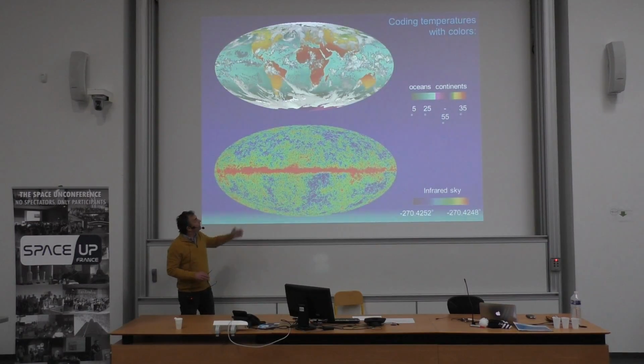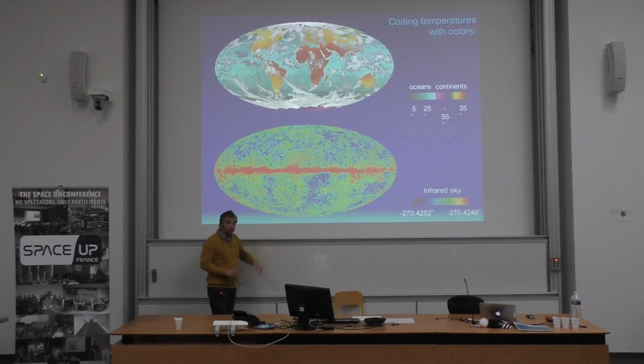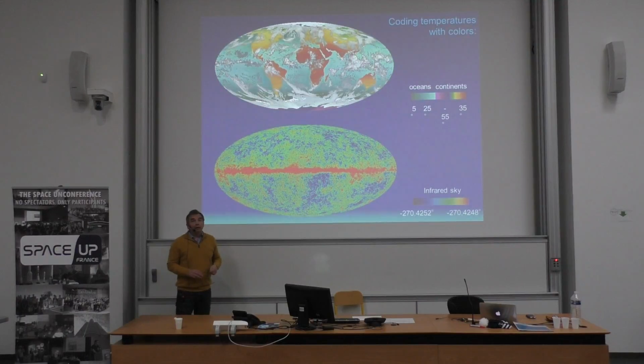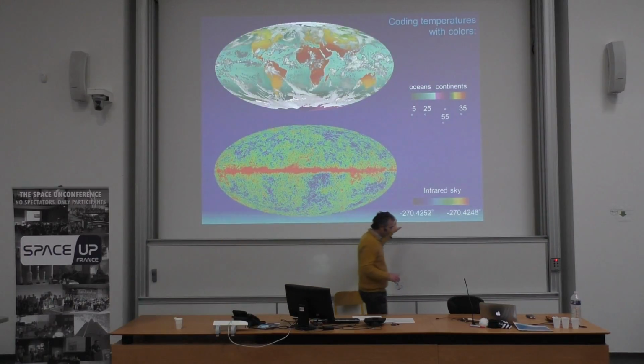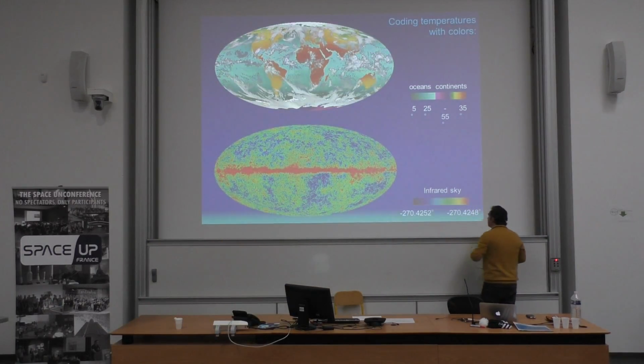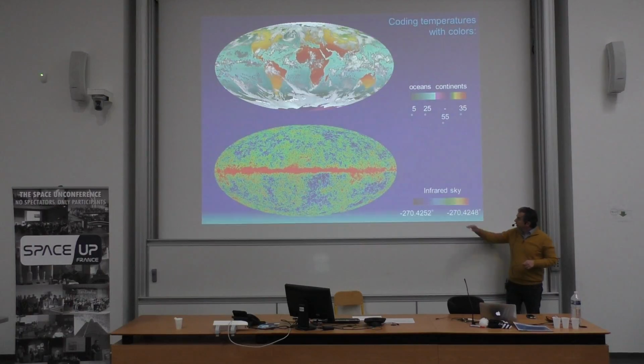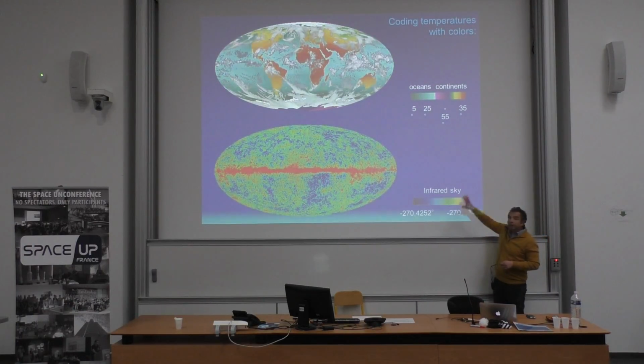It's warm on the equator, cold on the South Pole. There is also the problem with the clouds that are blocking the light. And here we come to the image of the full sky. And this is the code of the colors in degrees Celsius, just for fun, because we never use those kinds of units, but just to have a direct comparison.